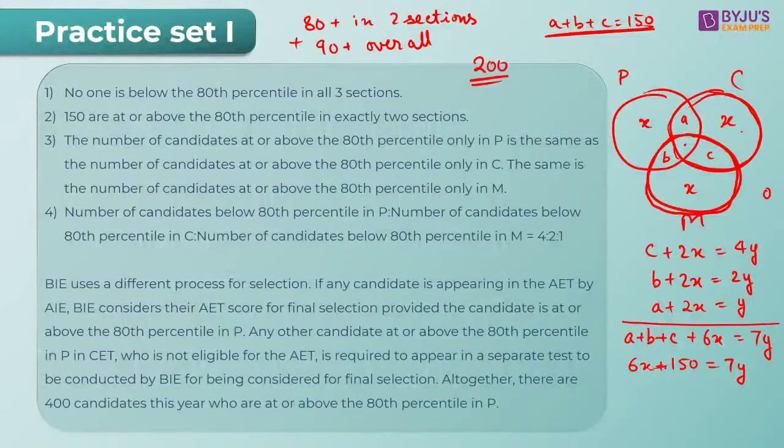If you put x is equal to 3, you will get 168 is 7y, and you will get y is equal to 24. So one solution is x comma y is 3 comma 24.